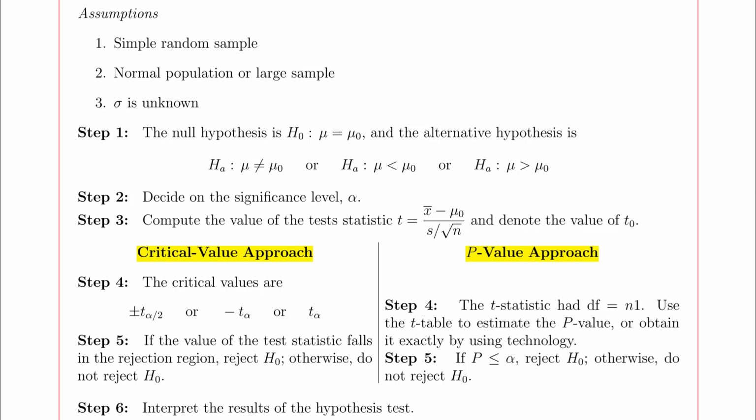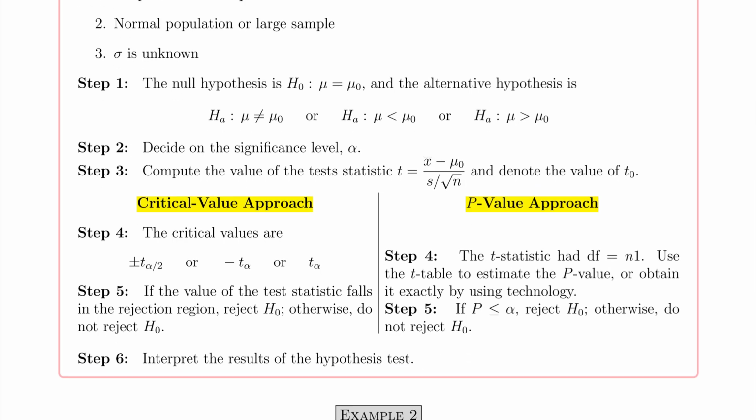What we have changed is the test statistic, which is now t instead of z, because we were dealing with an unknown population standard deviation. And then for the critical value approach, we would look at plus or minus t sub alpha over 2, or negative t sub alpha, which is our left-tailed test, or t sub alpha, which is our right-tailed test.